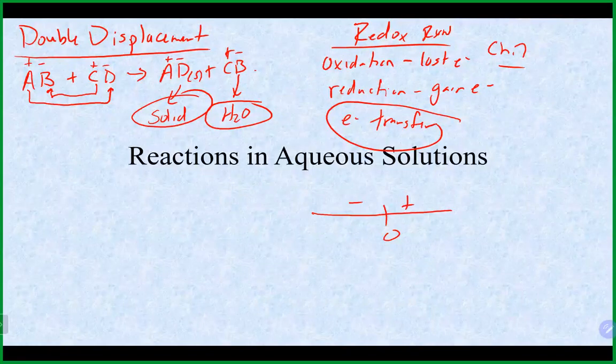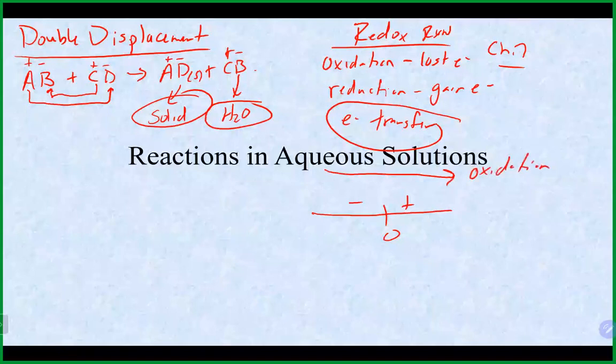And you can look at what's referred to as the oxidation state, kind of like the charge, but a little bit different. If you see that particular element becoming more positive as it goes from the left-hand side of the arrow to the right-hand side, moving this way in terms of its oxidation state, that is something that is going through oxidation, becoming more positive.